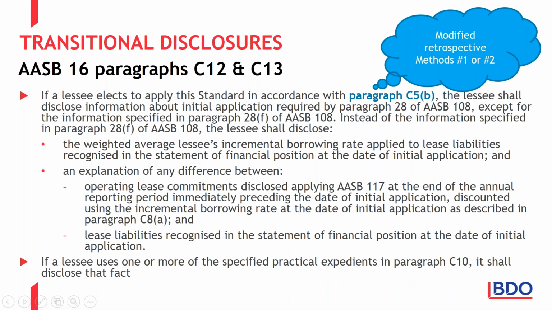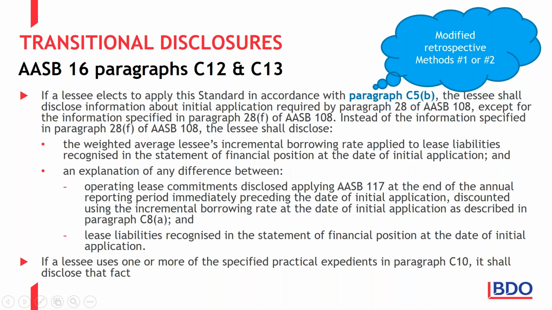I think this slide is more important in that most of our clients use modified retrospective methods 1 or 2. And if you want to know the transitional disclosures, you have to look at AASB 108 paragraph 28, which we've just discussed, as it is amended by AASB 16 paragraphs C12 and C13.